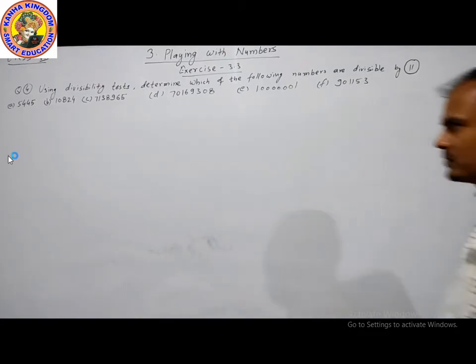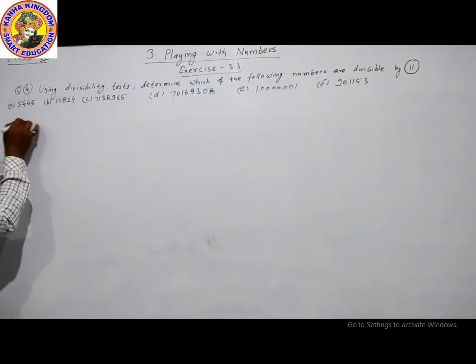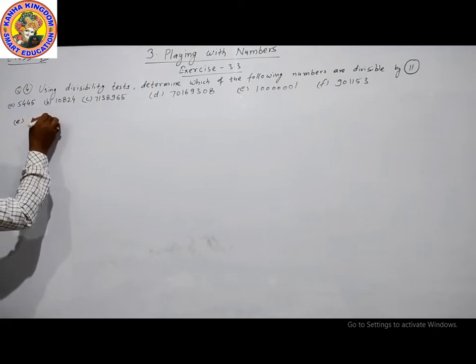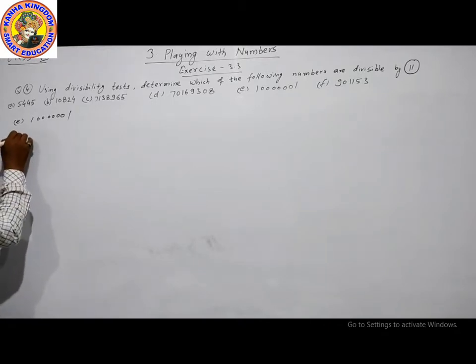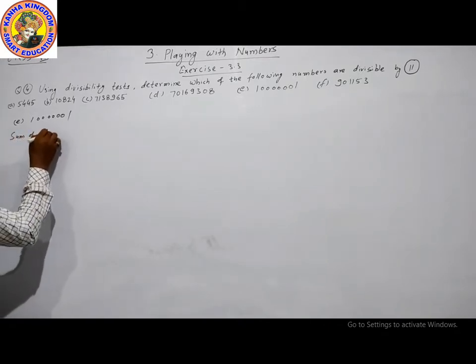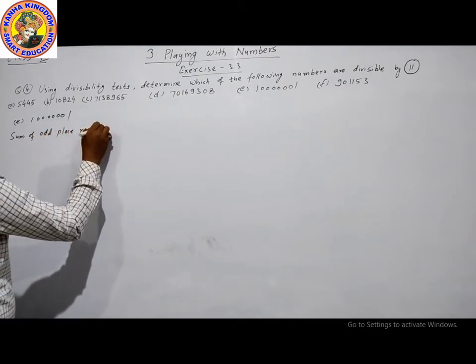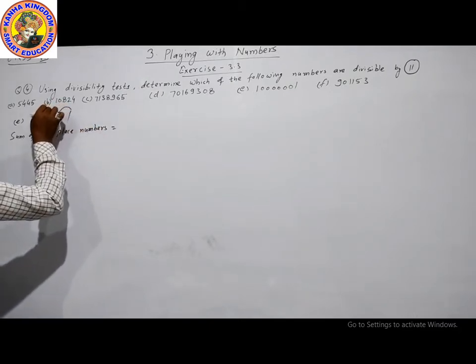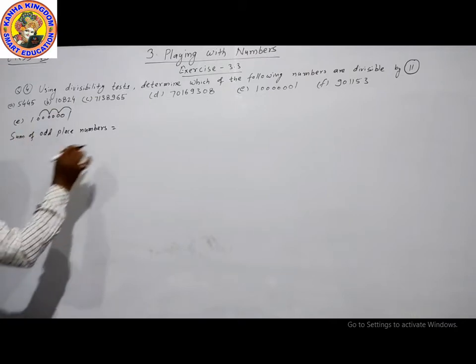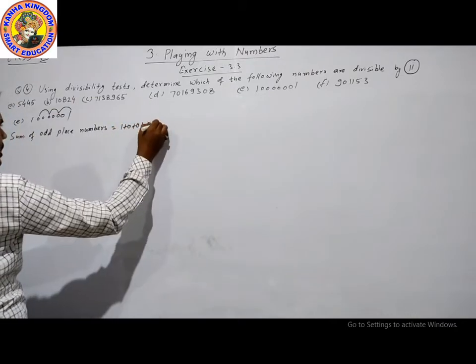Now our next part is E, 1 0 0 0 0 0 0 1. Sum of odd place numbers: 1 0 0 and 0. 1 plus 0 plus 0 plus 0, answer is 1.